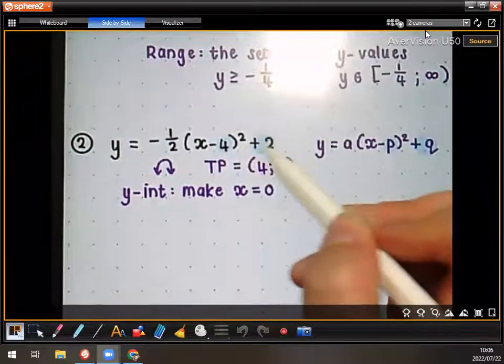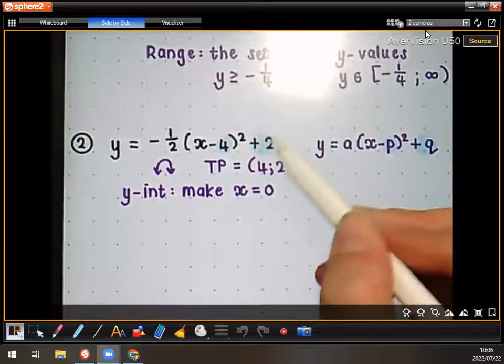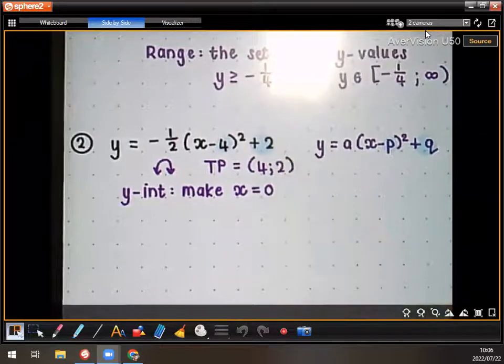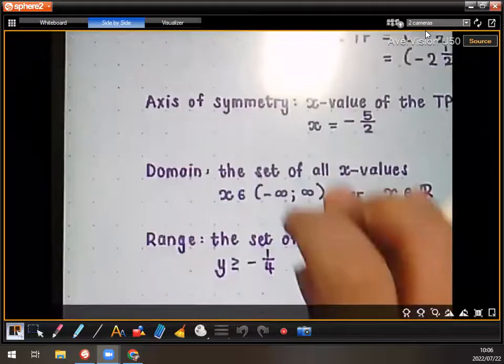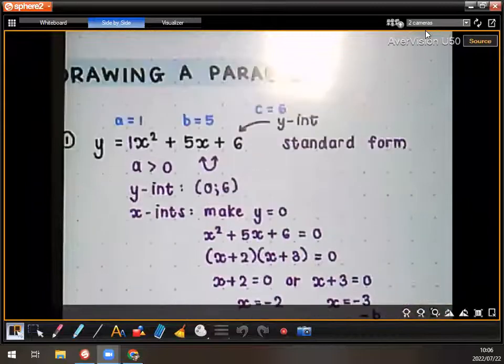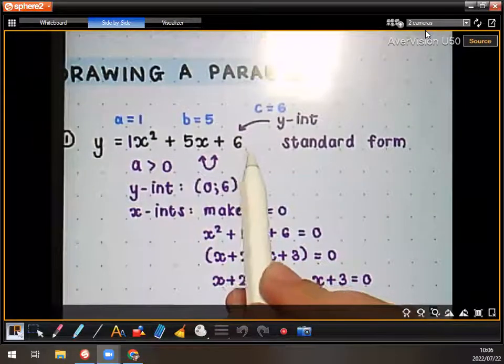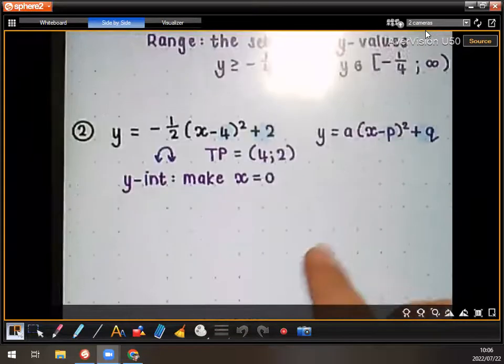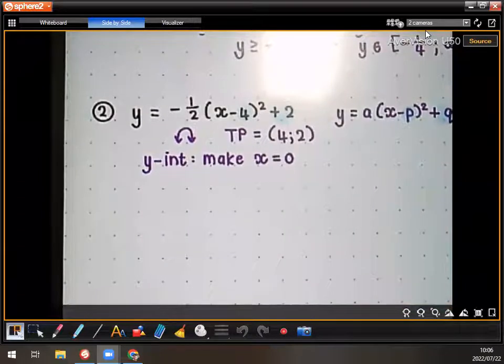This is not the y-intercept, this is the y value of the turning point. In the previous one, the equation was given in standard form, so the y-intercept was our c value, our constant term. When it's given in turning point form, it's different. So please don't make that mistake.